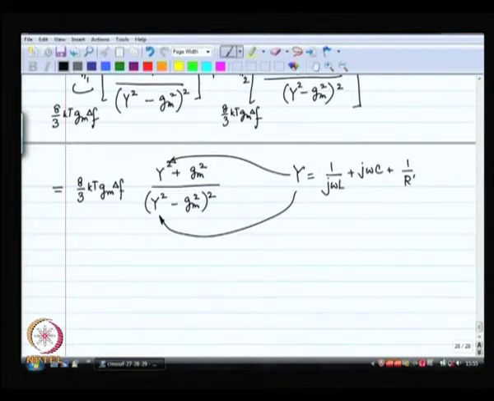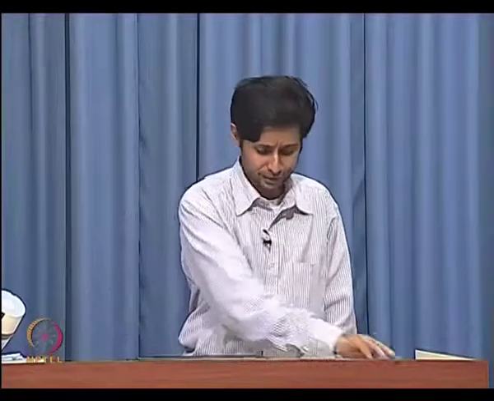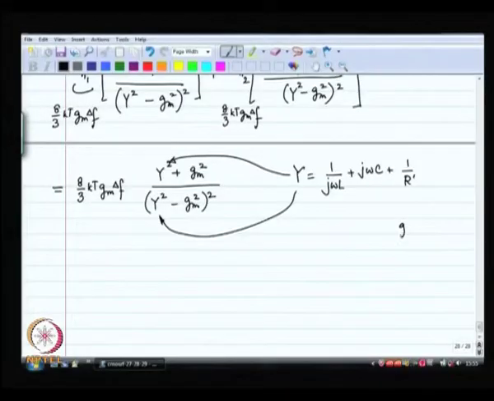So, let us say that this G m quantity is equal to 1 over r prime, right. That was the case we started off with and said that we get beautiful sinusoid oscillations when this is true. When G m is equal to 1 by r prime, then the poles are precisely on the j omega axis, which means that I am going to get a beautiful sinusoid oscillation.